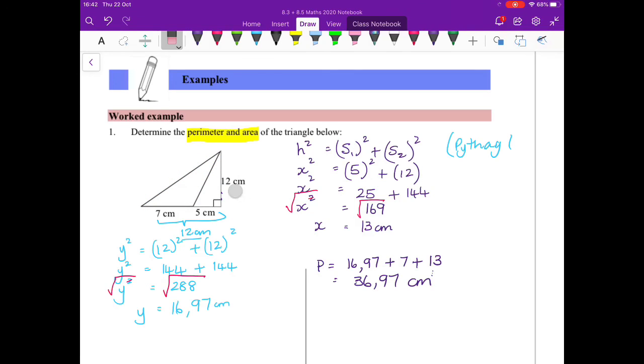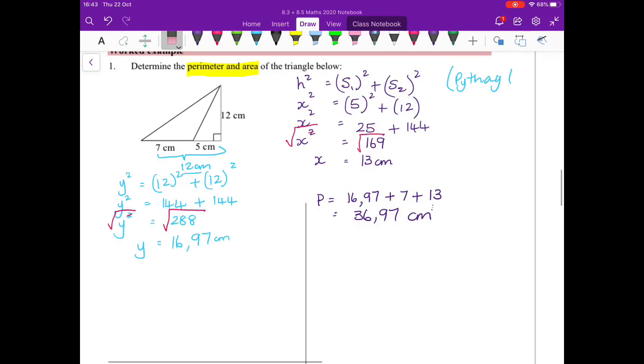Right, now we need to find the area of the triangle. So area, you always write down your formula. Area equals half base times perpendicular height, or base times perpendicular height over 2. Area equals half.